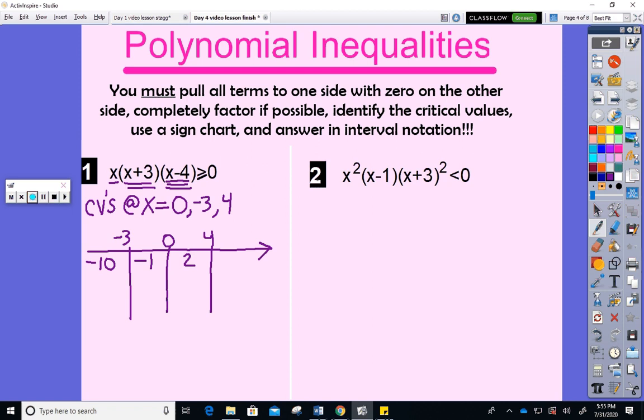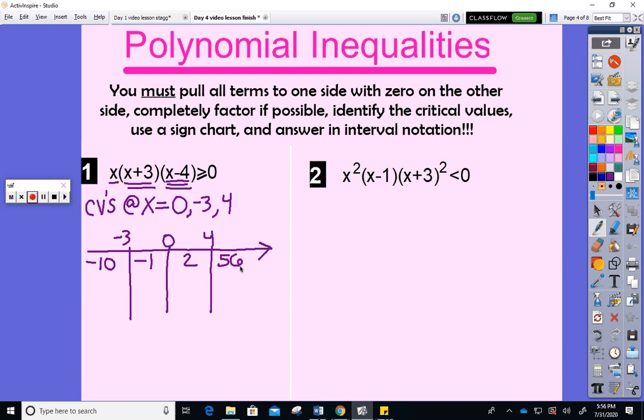Between 0 and 4, I'll pick 2. And larger than 4, I'll pick 56. Now, larger than 4, you could have picked 5. You could have picked 10. Anything that's actually larger than 4 is going to give you the same result. So test values, there's always multiple choices there, okay?